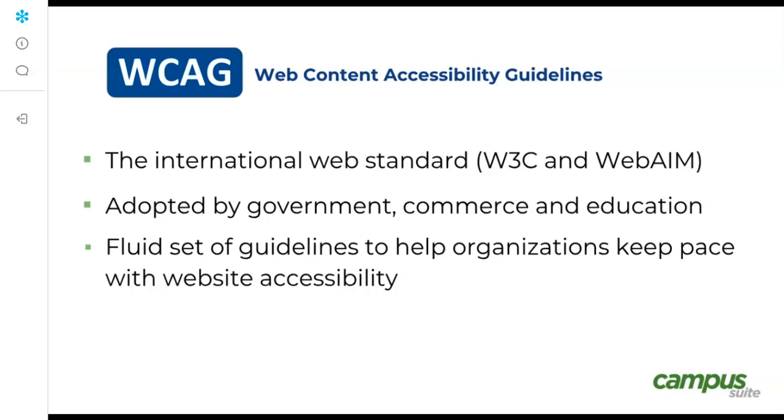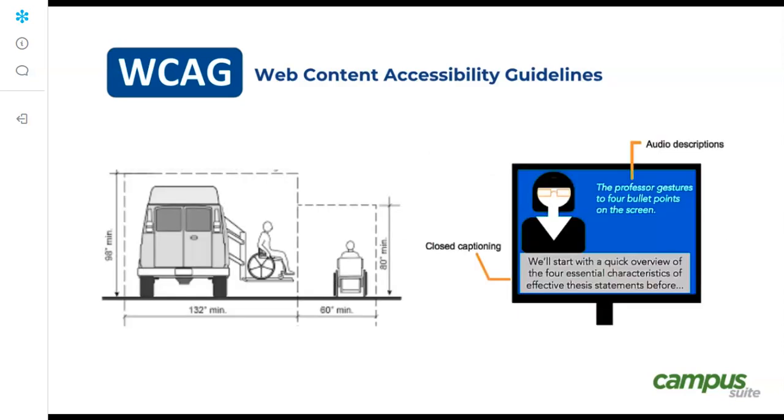Essentially, it's a fluid, ever-changing set of guidelines to help keep pace with website accessibility. Think of it in terms of what parking space dimensions and ramp requirements are for handicap parking. It's essentially WCAG guidelines, the specifications for web pages, and in our case, today's topic, PDFs, so that everybody can access them.